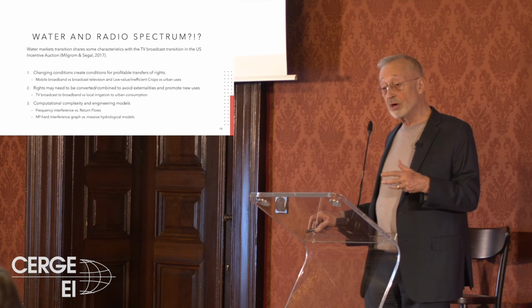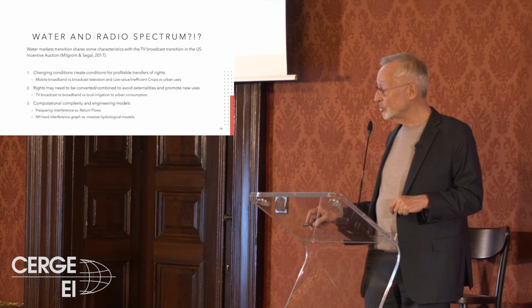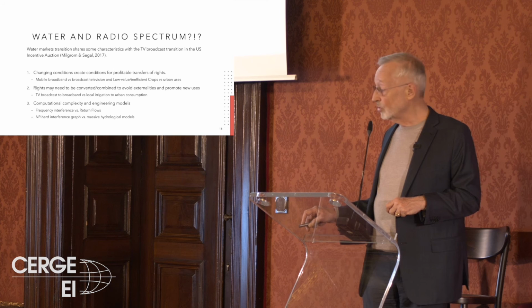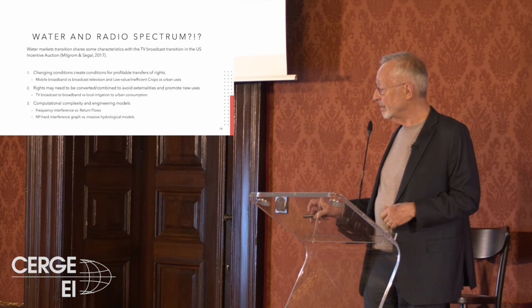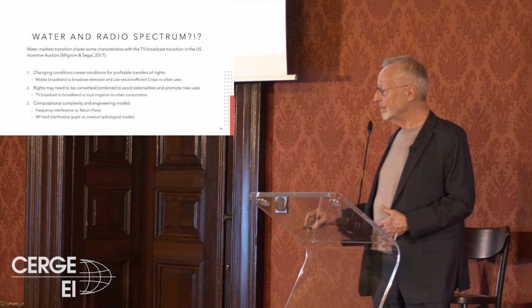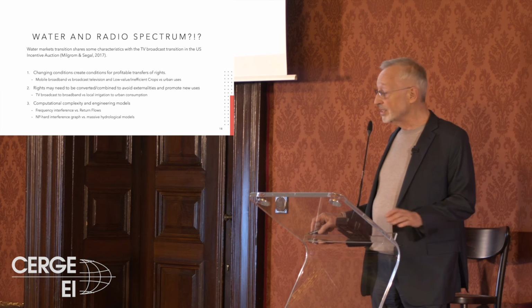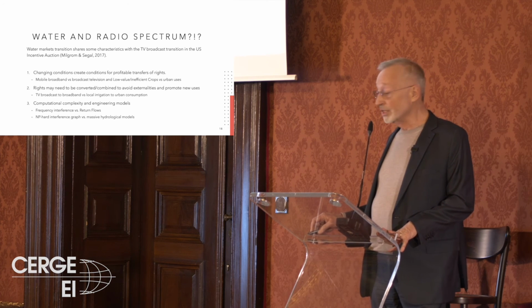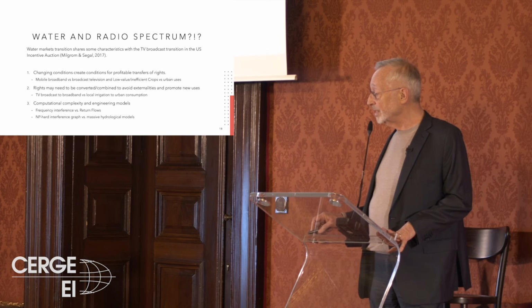I'm going to show you more about the broadcast incentive auction in a moment, so you can understand this in a little more detail. But moving from television broadcast to broadband, and local irrigation versus urban consumption, is this point. And the complexity: both of these things, in order to be done successfully, are computationally complex, and they require interference models.